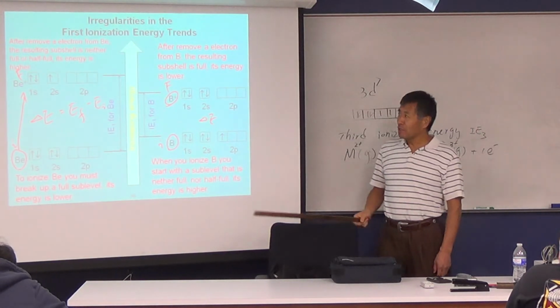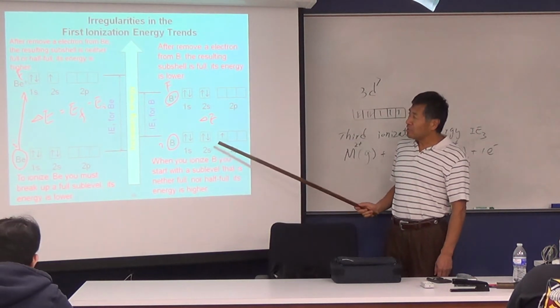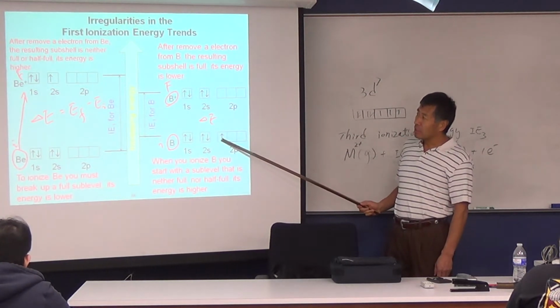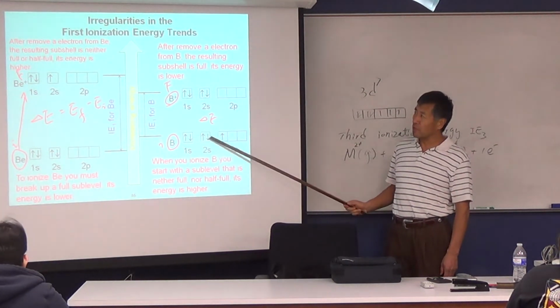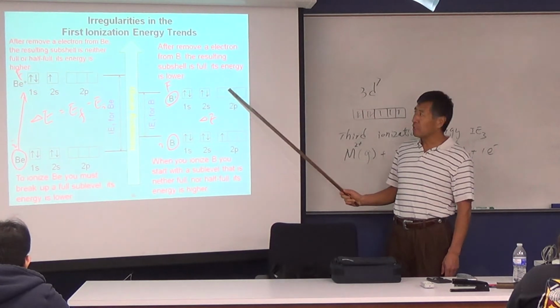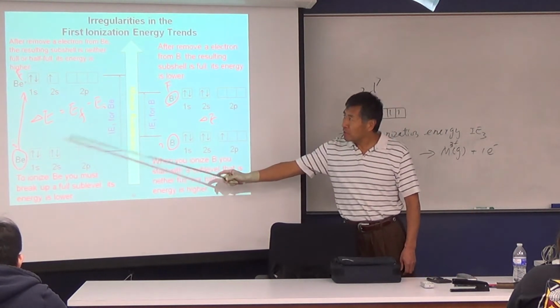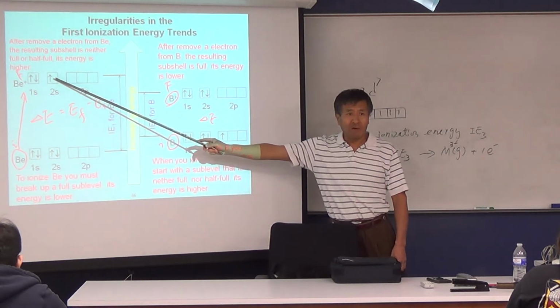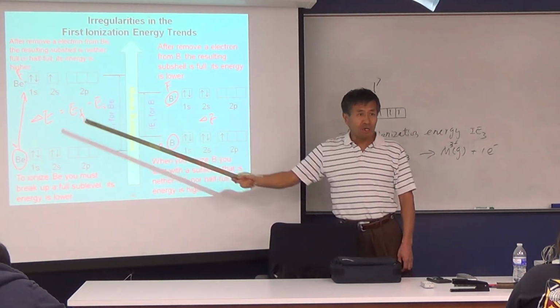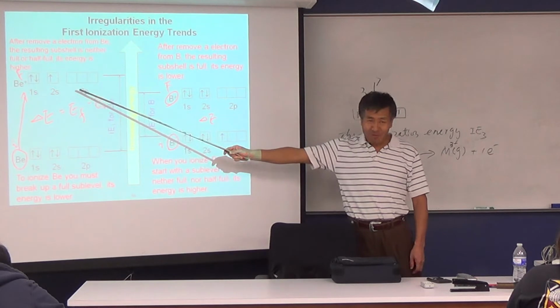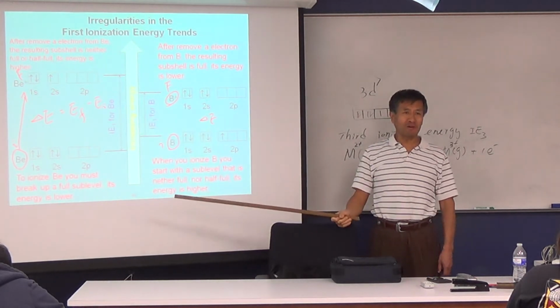And now compare the finish. If you take this electron away, you have only these two pairs, and this is empty. If you take this electron away, this becomes like a half-filled one. Now this is difficult to understand because this is not your trivial experience.